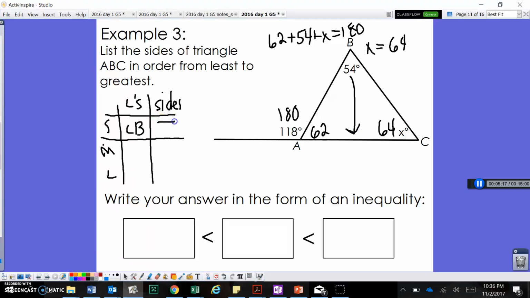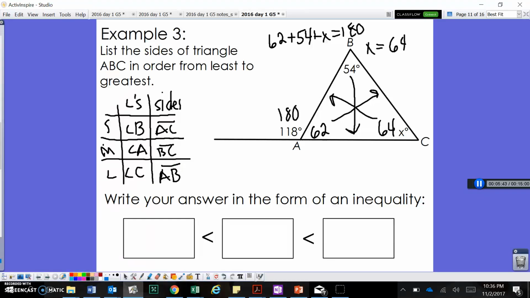So that's side AC. Our next smallest, or our medium size, is going to be angle A. And across from that is side BC. And our last one is angle C, and that is side AB.